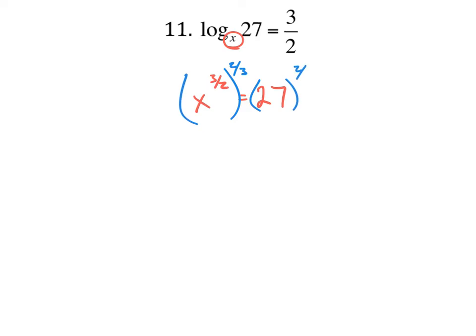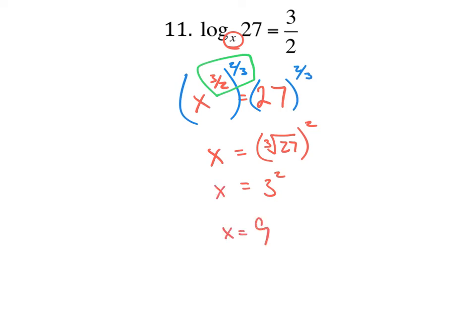I'm just going to raise both sides to the 2/3 power. That will get these two powers. Remember, they're going to multiply together, and they're going to give you x to the 1st power, or, well, x. Over here we have 27 to the 2/3 power, or the cube root of 27 squared. The cube root of 27 being 3, squared, and we find out that x is 9.